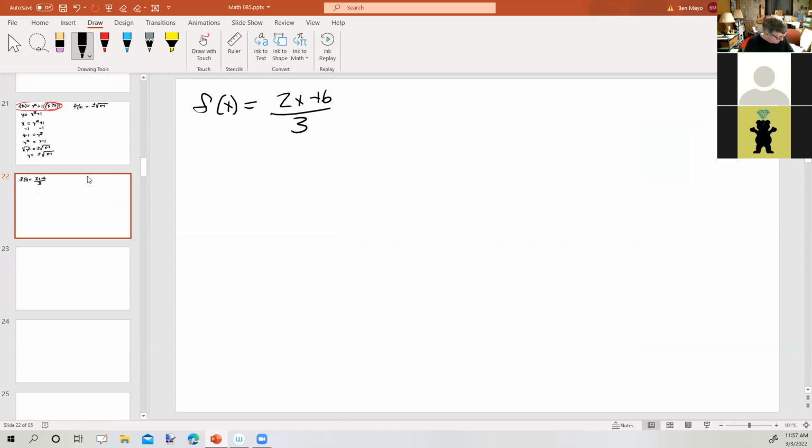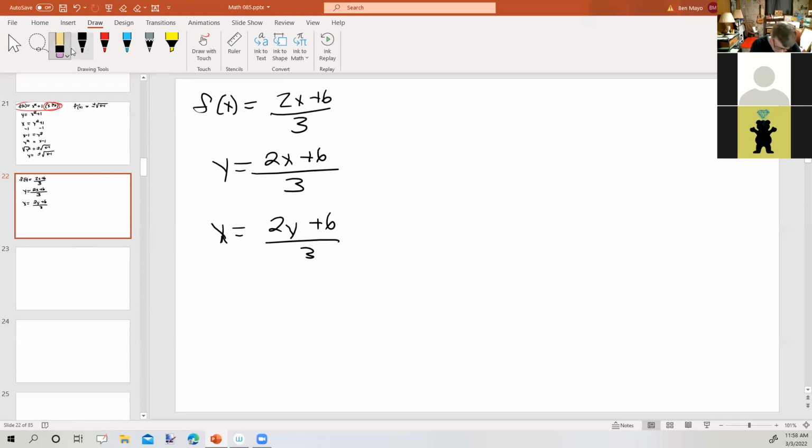And we are told that this is a one-to-one function. So step number 1, replace f of x with y. Step number 2, interchange x and y. Step number 3, solve for y.